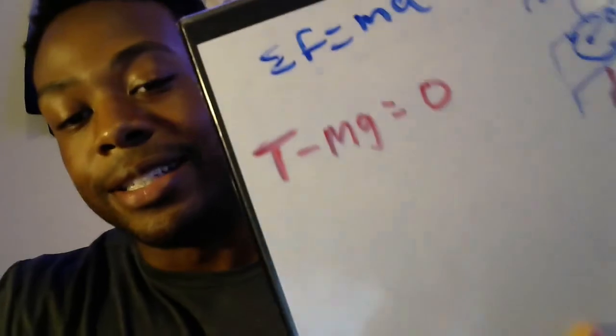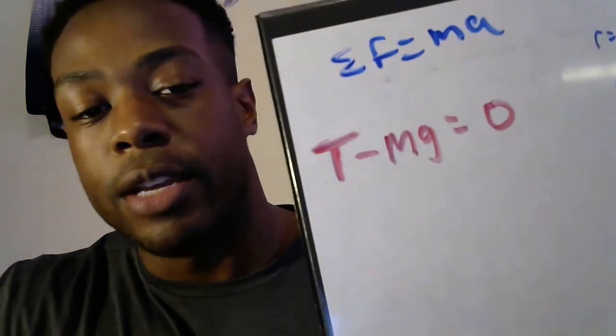So take your time, write out what you have. If you don't have it yet, pause, but you should have, rather, tension minus weight equals 0. So you've got the tension going up, you've got weight pulling down, and they're hanging in equilibrium, so they're canceling each other out.